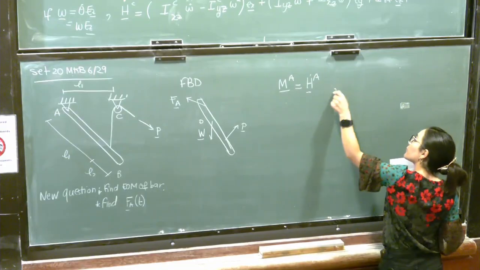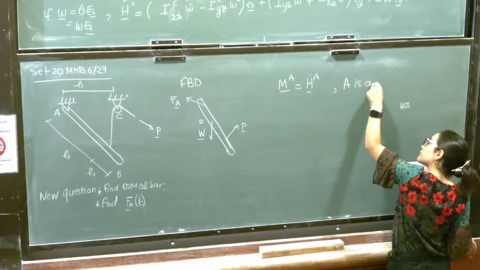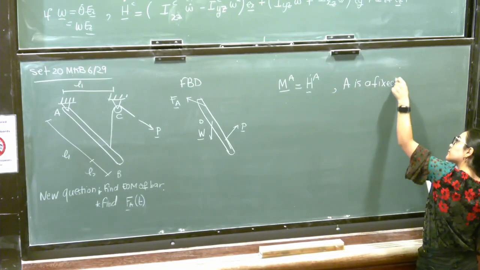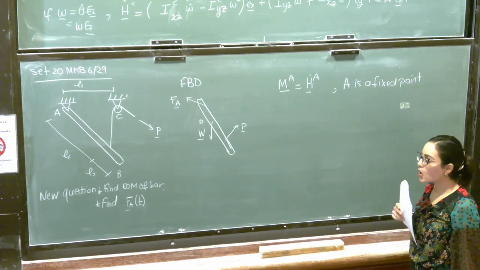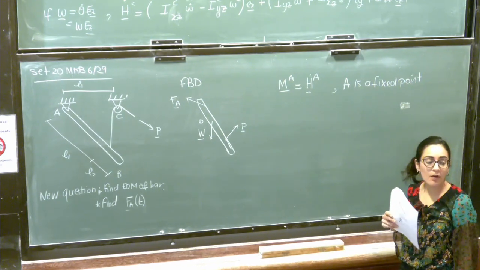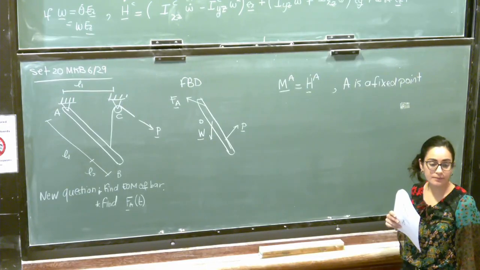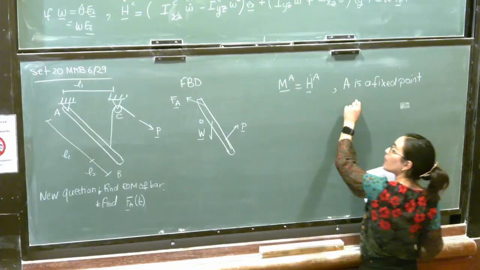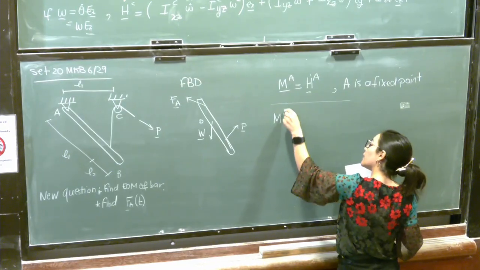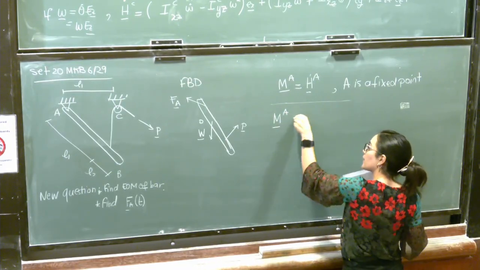A is a fixed point. Okay. How do I calculate the sum of moments about A? I want to apply this equation. Let me calculate MA separately and H dot A separately.